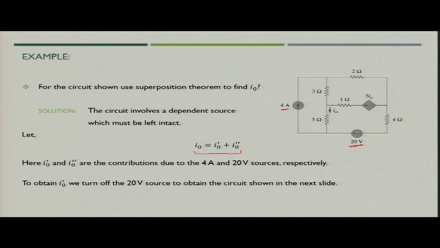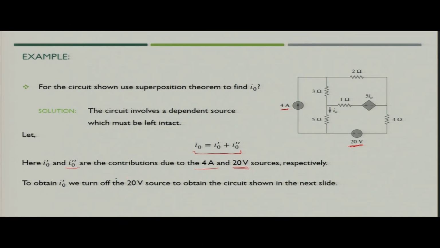So, you divide current I naught as I naught dash and I naught double dash. I naught dash is the contribution due to the 4 ampere current source, and I naught double dash is the contribution due to the 20 volt voltage source.